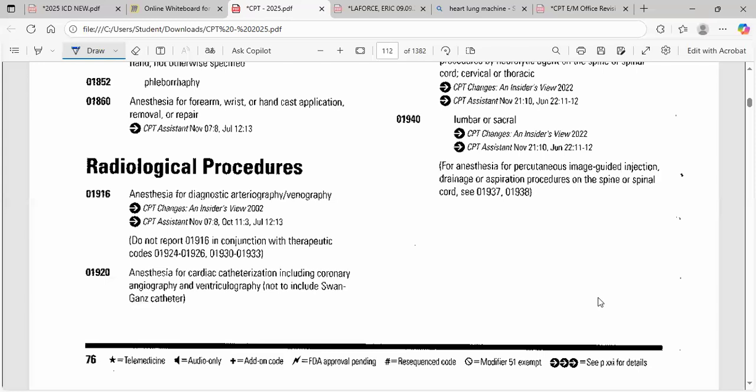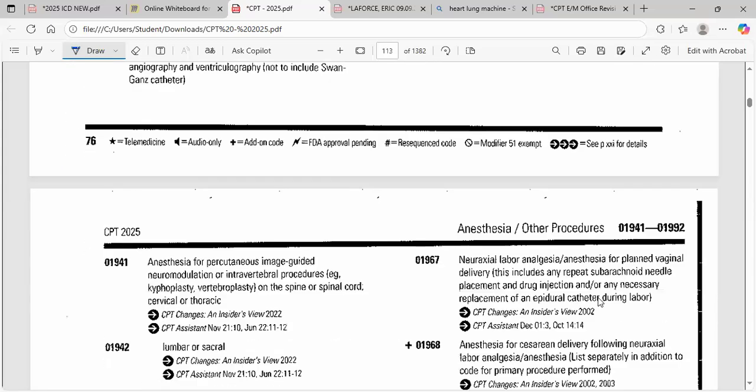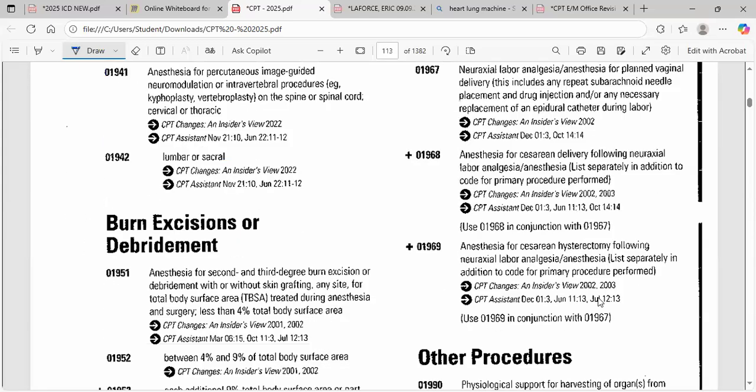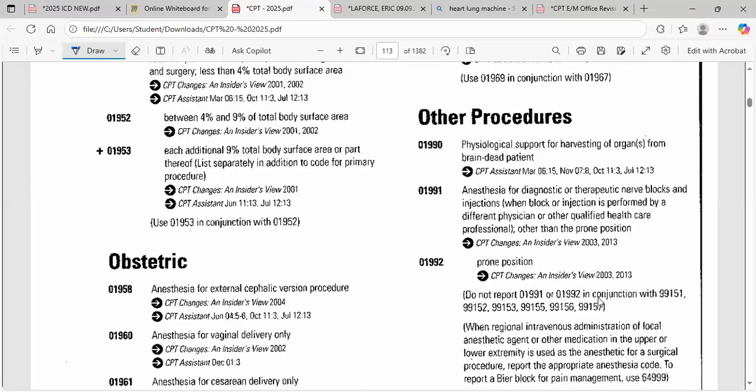Now you can see there is one more series that comes under the radiological procedures. When the anesthesia is given under imaging, under fluoroscopic guidance or any imaging, in that case, we are going to use a code from series 019. That's it.